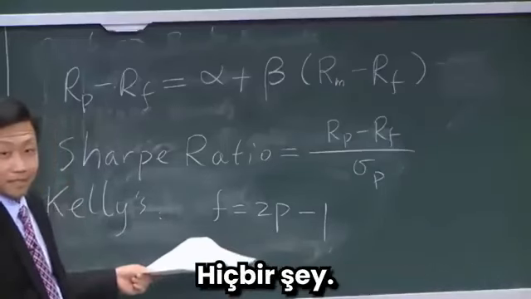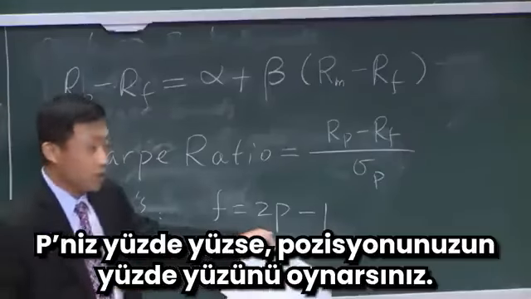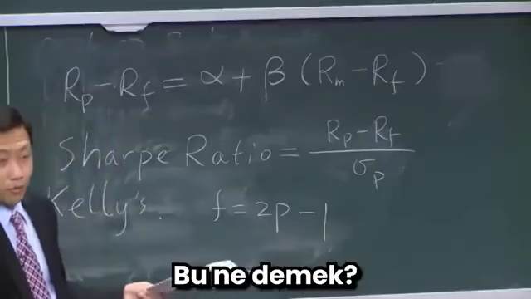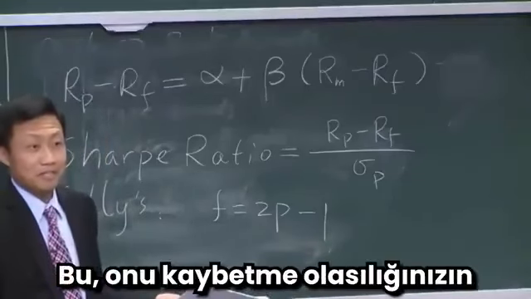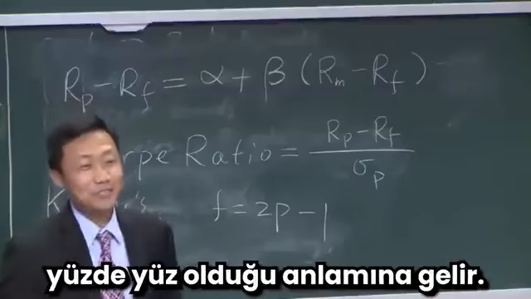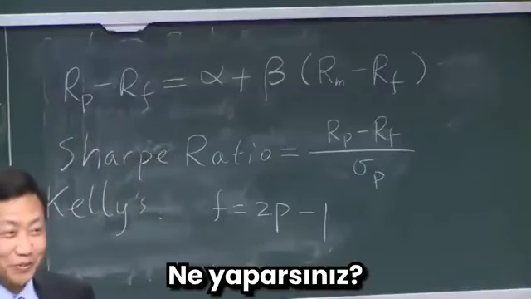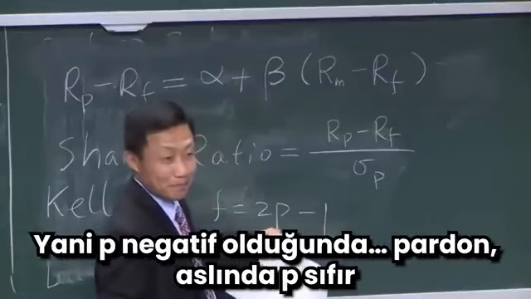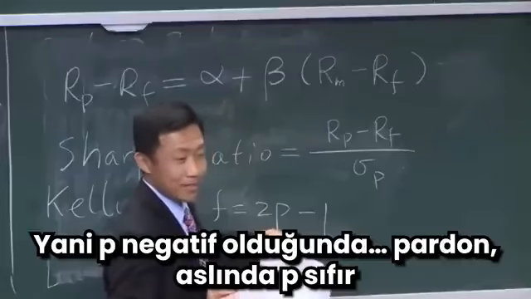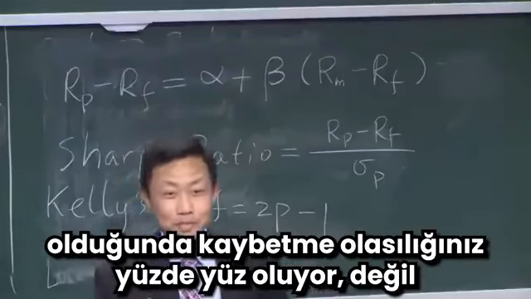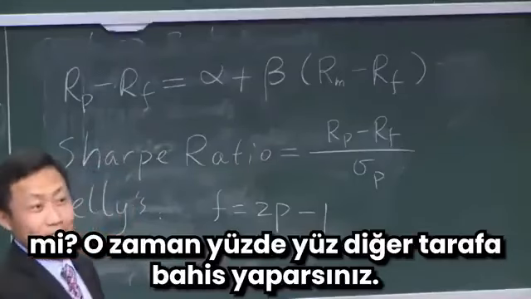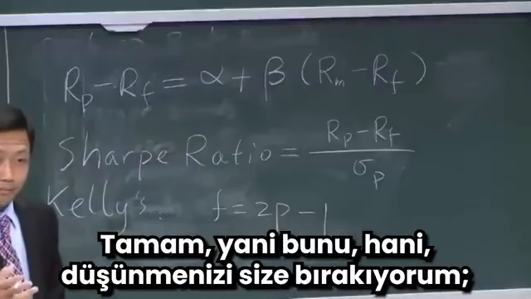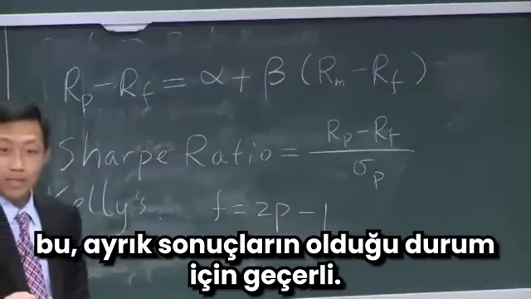Nothing. If you have P equal to 100%, you bet 100% of your position. When P equals 0, your losing probability becomes 100%, right? So you bet 100% the other way, on the other side. That I leave to you to think about. That's when you have a discrete outcome case.